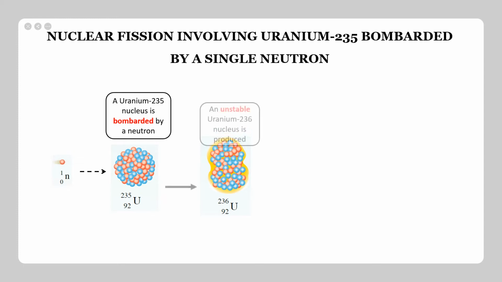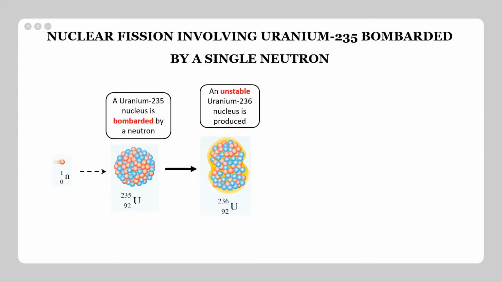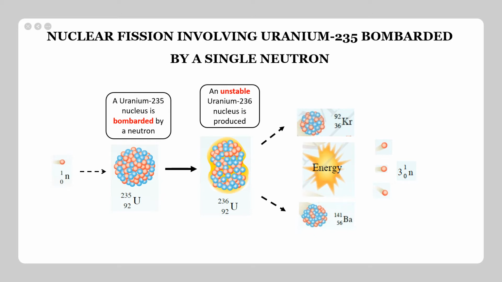When a neutron is absorbed by the nucleus, an unstable uranium-236 nucleus is produced. When the nucleus becomes very unstable, it will break into two smaller pieces: a krypton-92 nucleus and a barium-141 nucleus are produced. At the same time, 3 neutrons are produced and a large amount of energy is released as well.